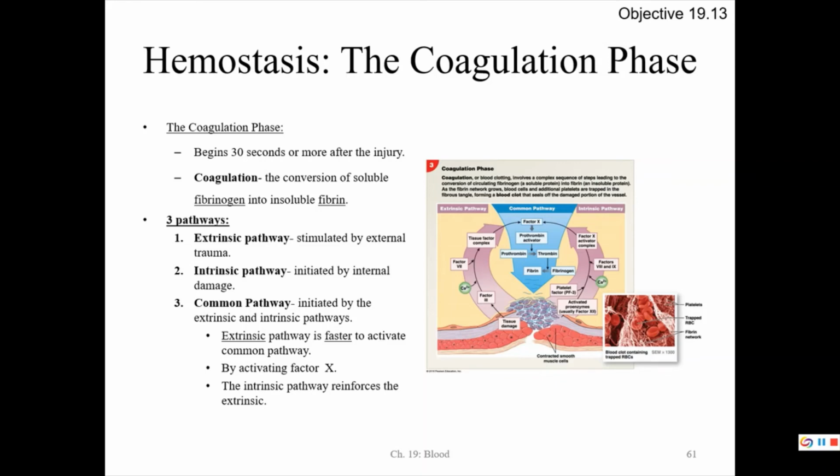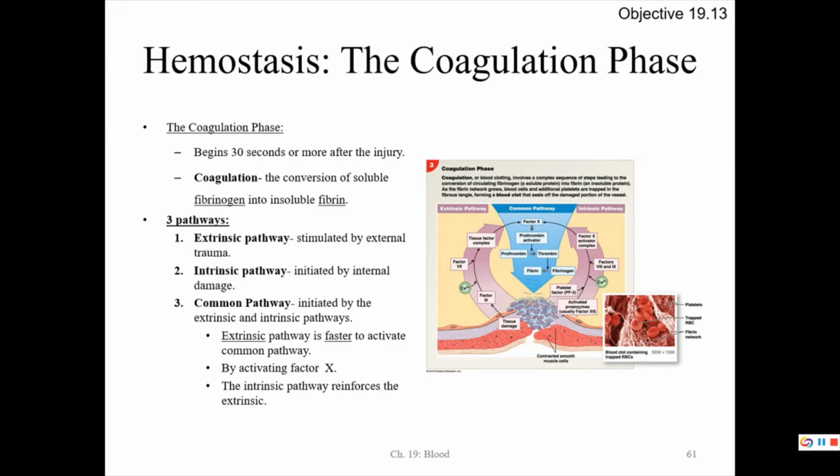Now, guys, there are three pathways for this activation of fibrin: extrinsic pathway, intrinsic pathway, and common pathway. Here's the deal. Both extrinsic and intrinsic can lead to common. Common's the one that you really need to happen. Others can lead to some things, but the common pathway is the one you've got to memorize. Now, the extrinsic is faster to activate the common pathway.